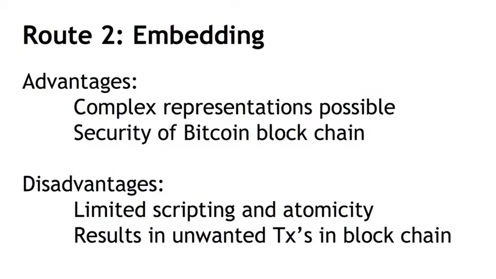On the other hand, the scripting and atomicity are limited by that of Bitcoin itself. But the scripting could get even more limited than just using Bitcoin, because these new features that you have defined, these new representations, might not interact well with Bitcoin's existing atomicity and scripting properties.